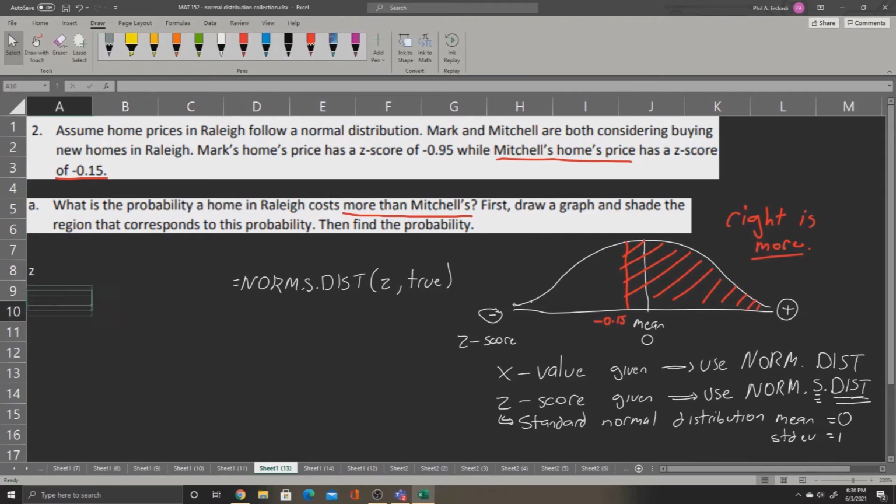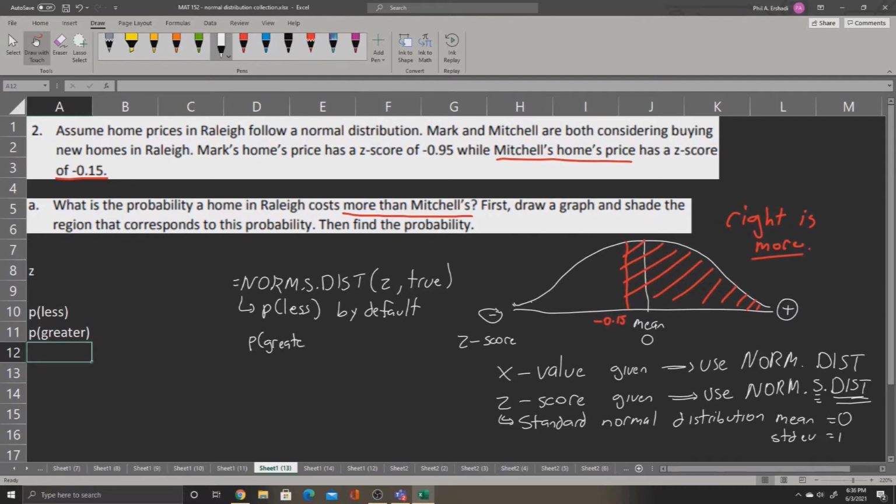And in doing norm s-dist, we will find the probability of being less. Remember, Excel by default does probability of being less. So we'll have to add an additional step to find the probability that it's greater. Once again, we can remind ourselves P greater is just 1 minus P less.